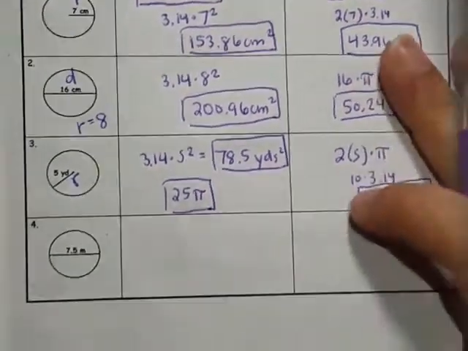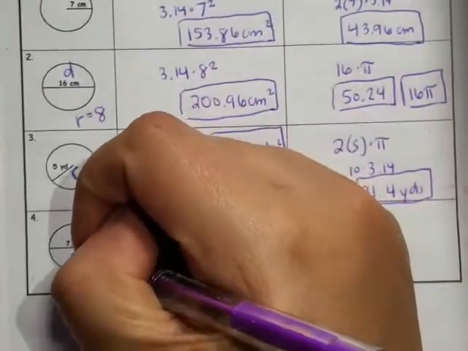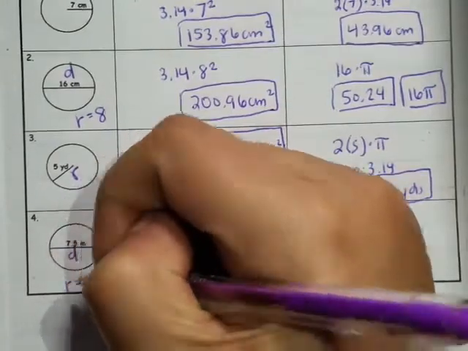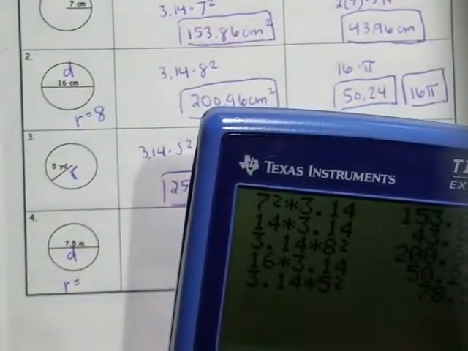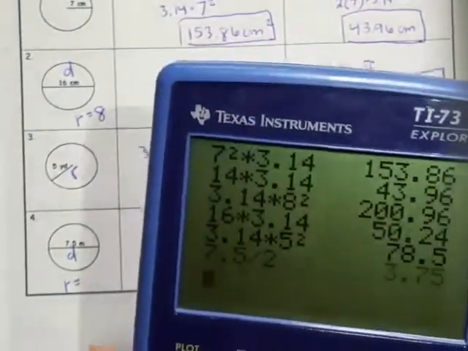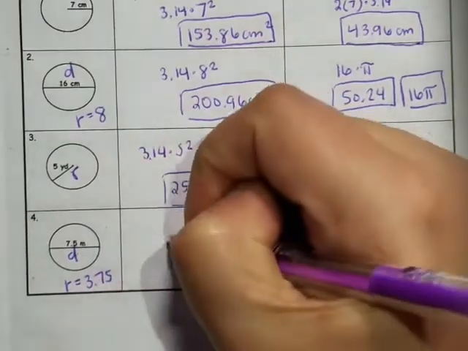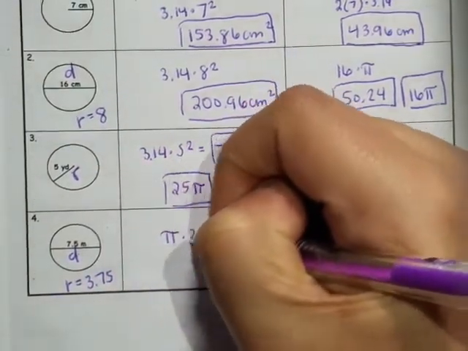Okay. And then our last one, we do need to cut that in half to make our radius, because that's our diameter. So our radius is going to be 3.75. So pi times 3.75 squared.